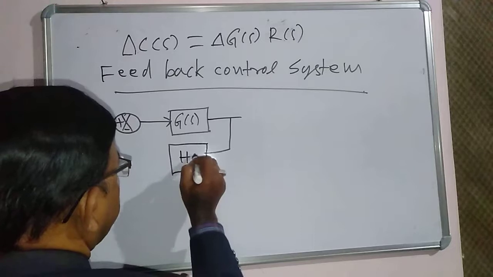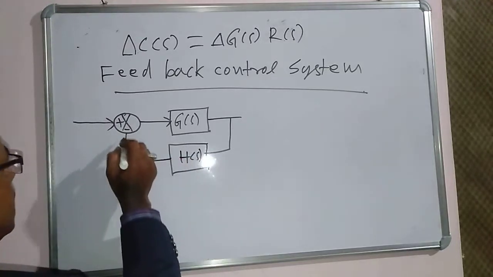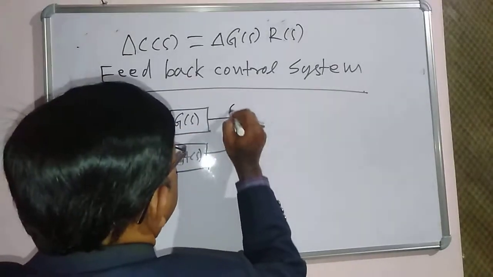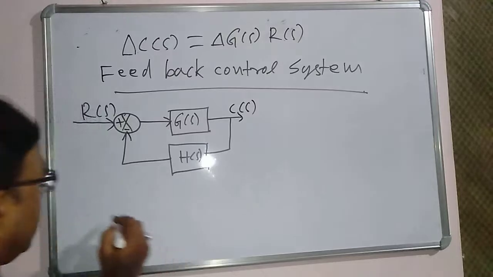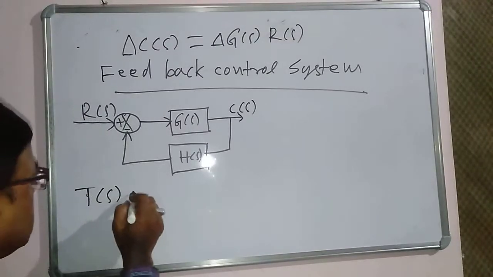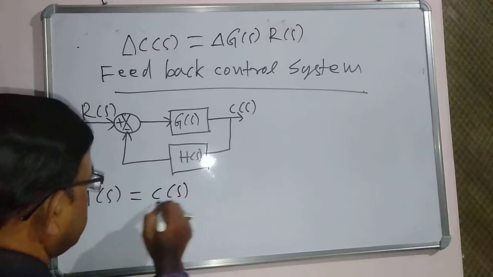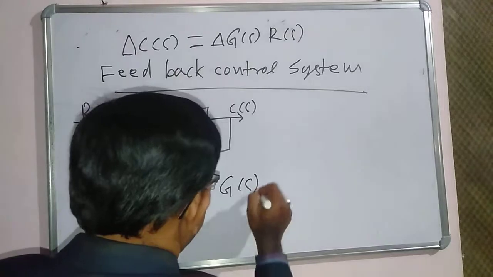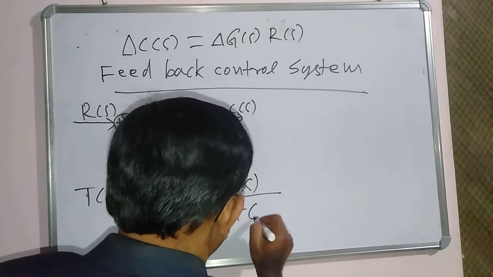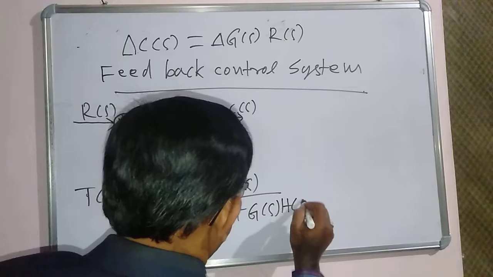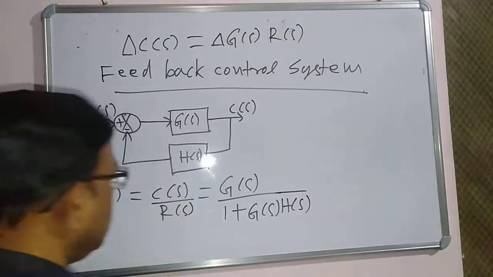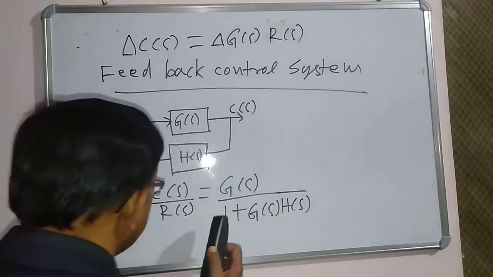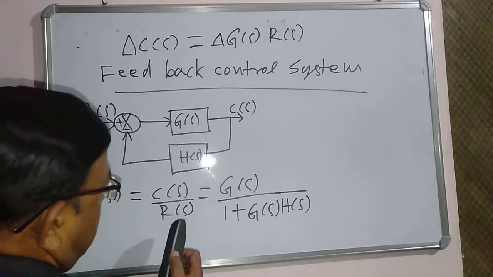This is the H of S and this is the feedback R of S. This is the C of S. Therefore, the transfer function T of S is equal to C of S by R of S, which is equal to G of S by 1 plus G of S into H of S. So this is the closed loop transfer function or feedback transfer function.